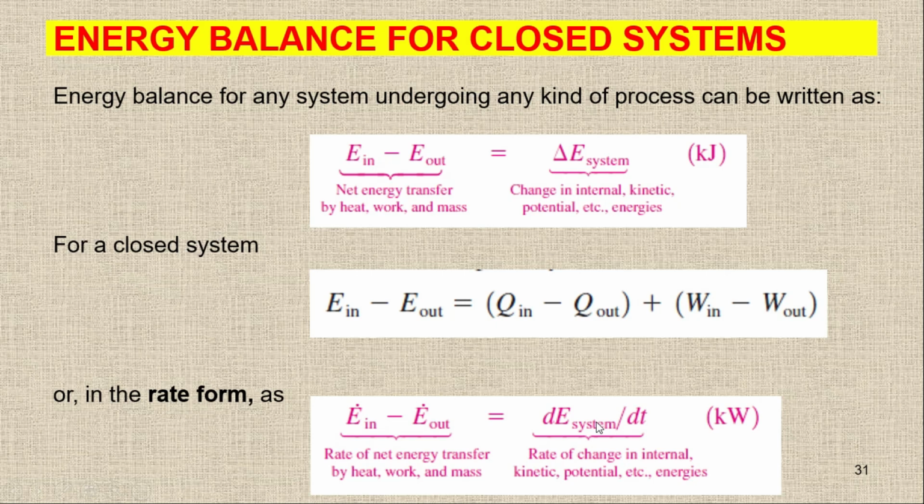The energy of the system doesn't flow, so we cannot put a dot on top of the system energy. Instead, we have to put d upon dt. But as we know, the energies that are crossing the boundary are basically flowing, so I can easily put a dot on them.